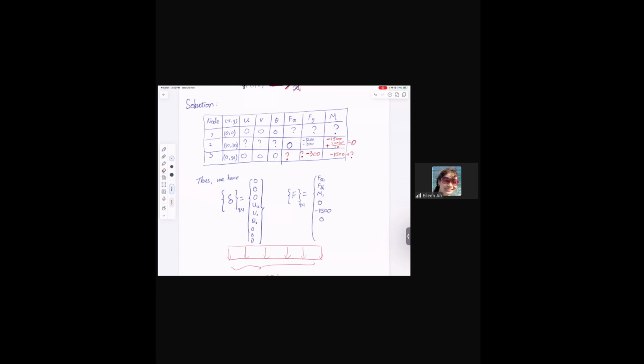So Fx3, but Fx3 includes only one component, so the reaction at node 3. Fy3 includes the reactions plus negative 300.